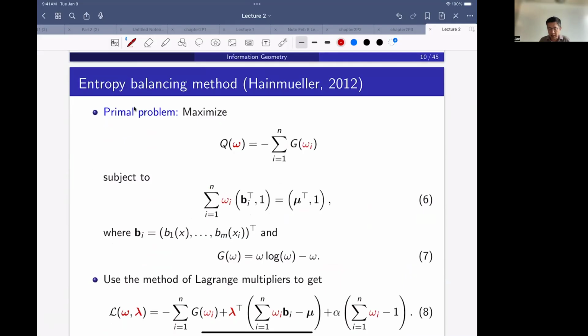So for example, this kind of problem has been investigated in many different areas, like ecology, and they also have something called the maximum entropy estimator. But specifically in survey, actually this guy Hai Muller is a political scientist.